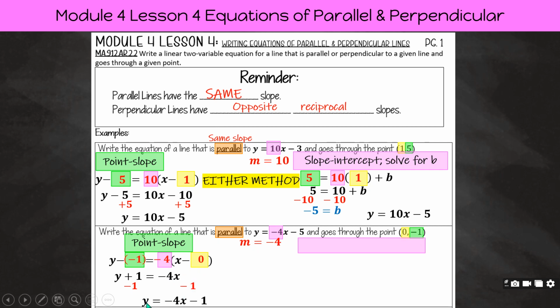So I ended up with y is equal to negative 4x minus 1. Now, if I used my slope-intercept form and solve for b, I again would plug in my negative 1, my negative 4, and my 0. And this one was really easy because I had my x value of 0, b was just equal to negative 1. So y was equal to negative 4x minus 1.